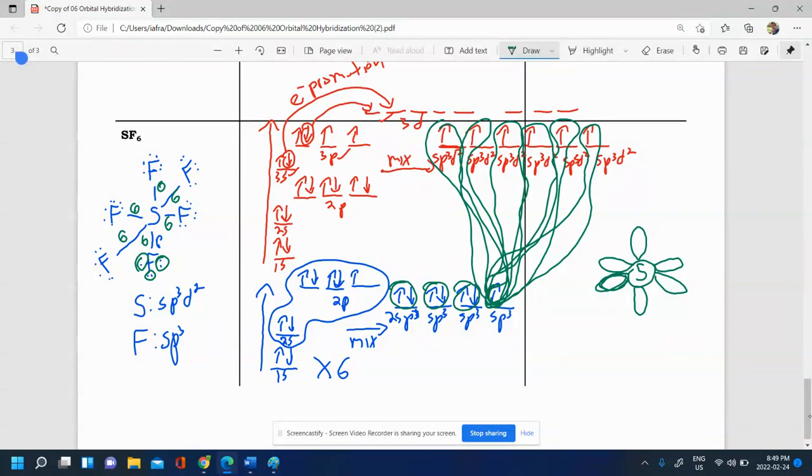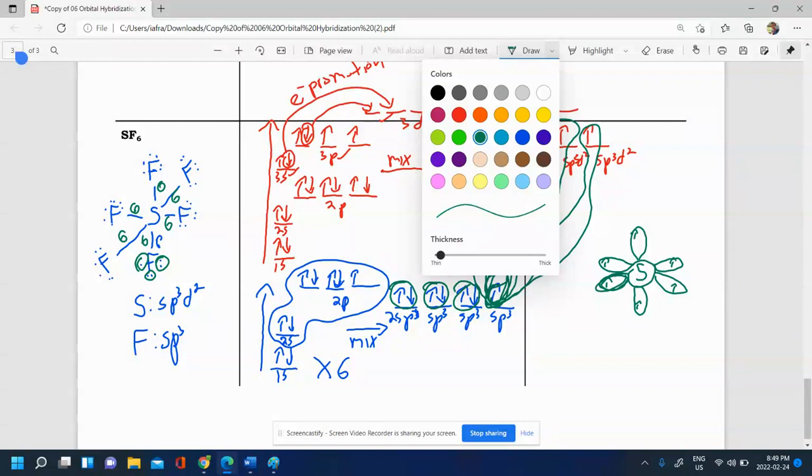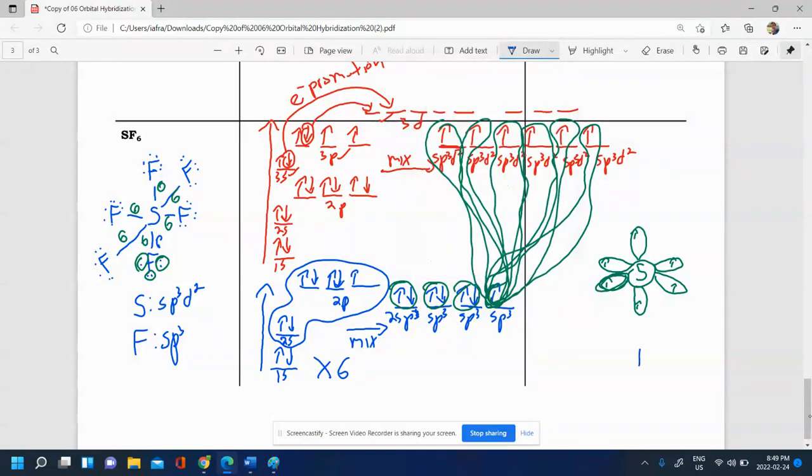And don't forget they each contain one electron, and we'll make it pointing up. And then we'll do our fluorines. And don't forget they have the 4 hybridized orbitals. And so this is its opposite spin electron there. And these ones here are the lone pairs.